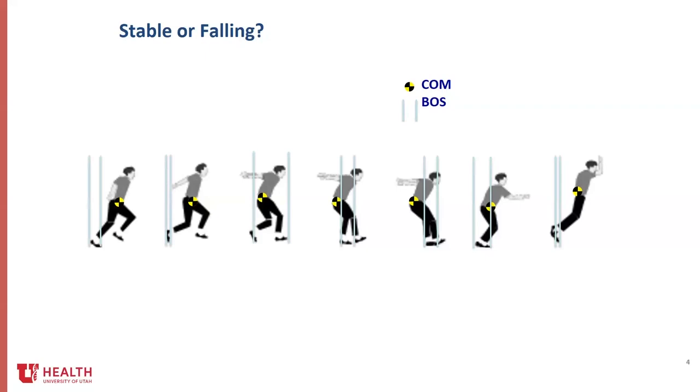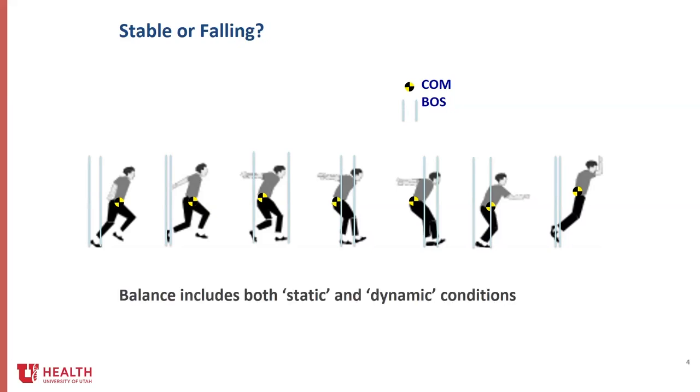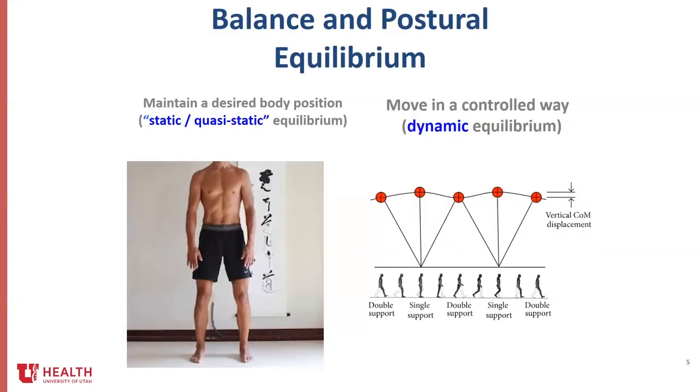It's important to note that there's a difference between static balance and dynamic balance. Both of these are important for our balance control system. Static is the condition of being not moving or moving very, very slowly. In dynamic conditions, our base of support and center of mass can have a different relationship.